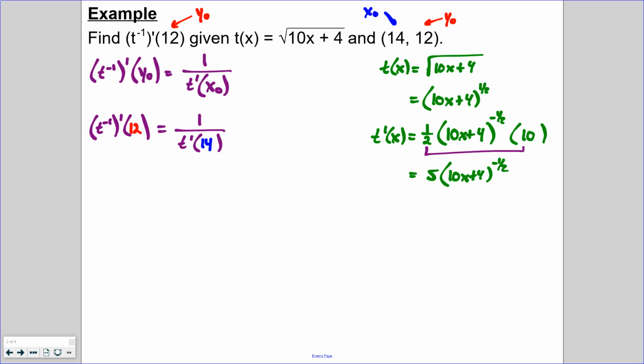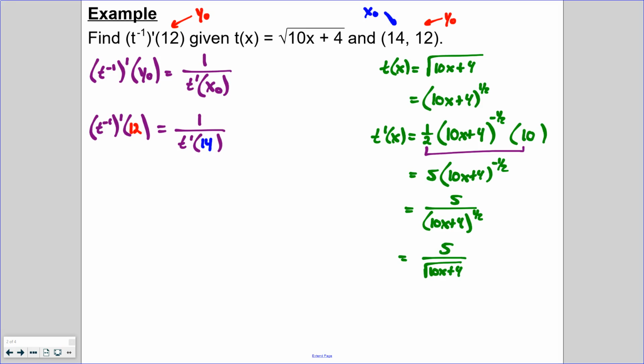When we take derivatives, we can usually leave that in the form of a negative 1/2 exponent. However, here, since we want to plug in x equals 14, we don't want a negative fractional exponent. So let's rewrite this as 5 over the quantity 10x plus 4 raised to the 1/2 power, and then even further as 5 over the square root of 10x plus 4.